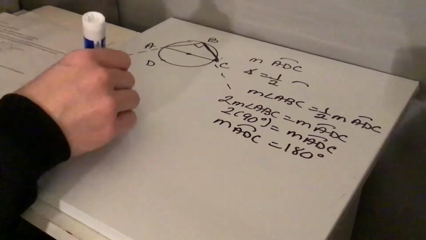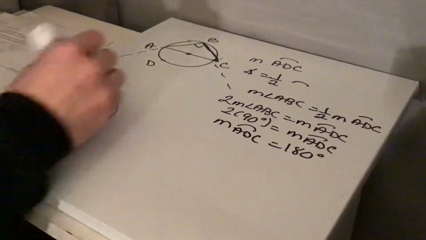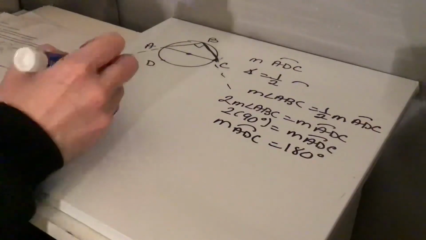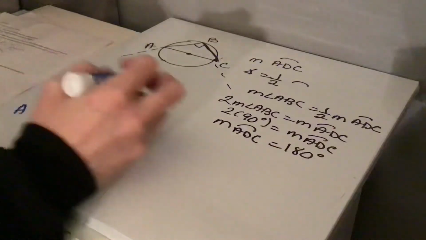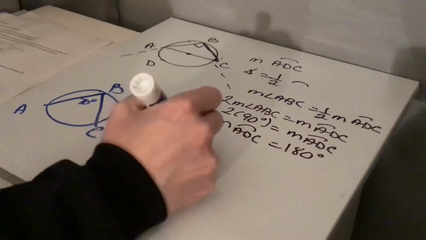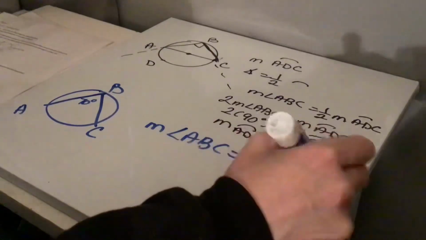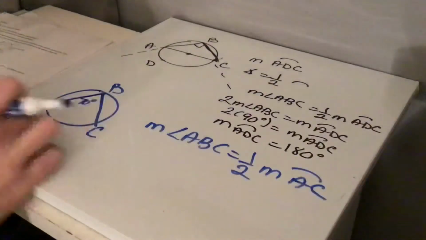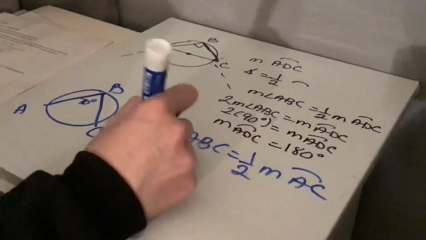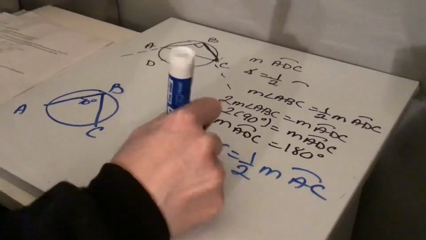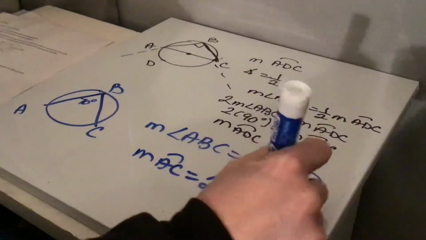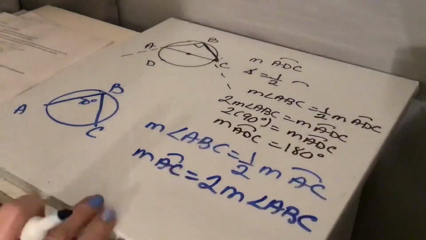So another one here, right? Here is your intercepted arc. This is angle ABC. We're told that it is 70 degrees. So the measure of angle ABC is 1/2 the measure of arc AC, because that's our intercepted arc. So the measure of the arc is twice the measure of the angle.